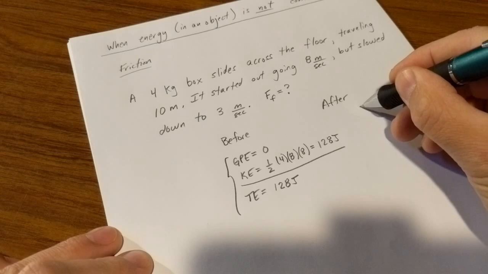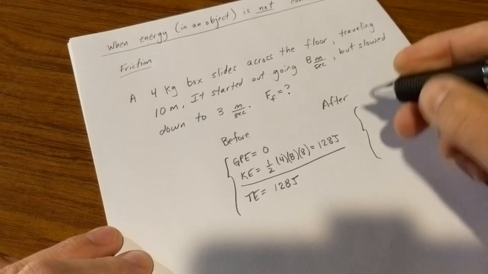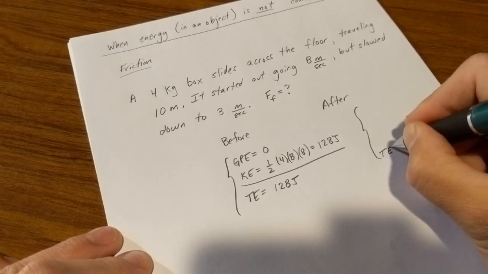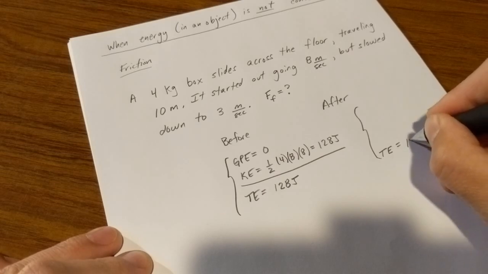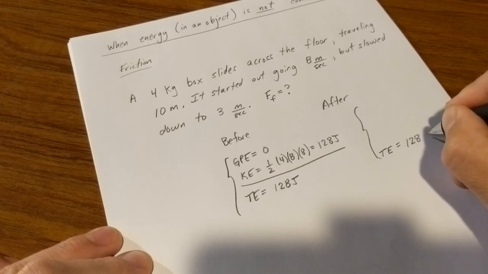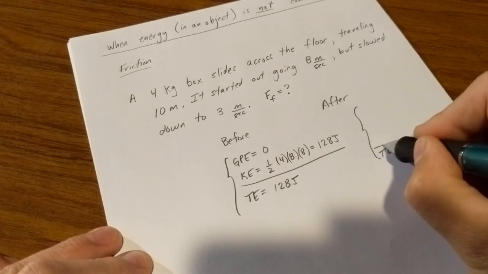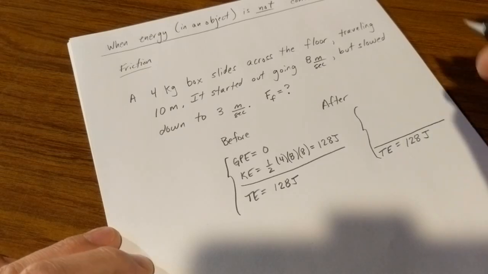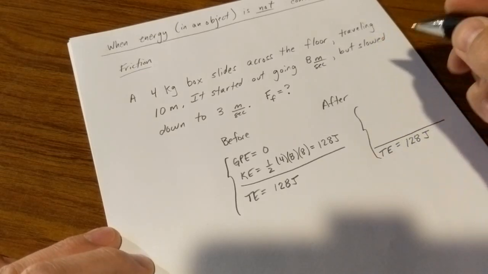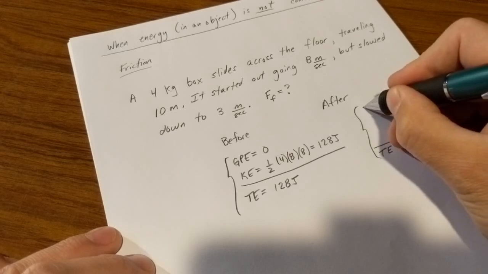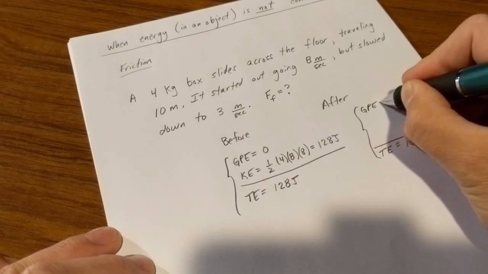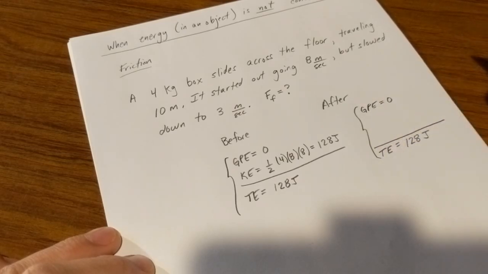After, because energy is conserved, we can instantly say that the total energy involved was 128 joules. We can also say that the gravitational potential energy is still 0 because the box is still on the floor.